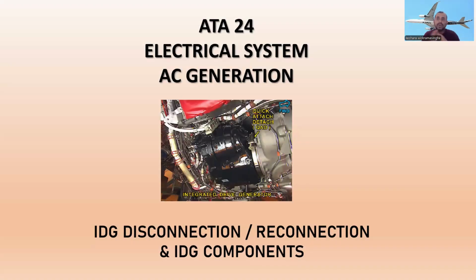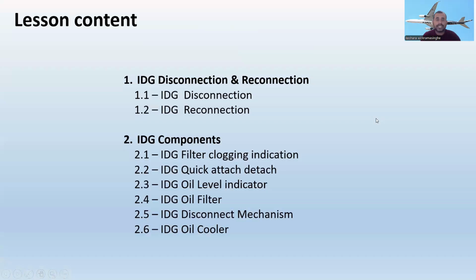Today I'm going to teach you AT chapter 24 electrical system: AC generation, IDG disconnection, reconnection, and IDG components. Let's go to the lesson content. Today I'm going to discuss IDG disconnection and reconnection, and how the IDG reconnection is done.